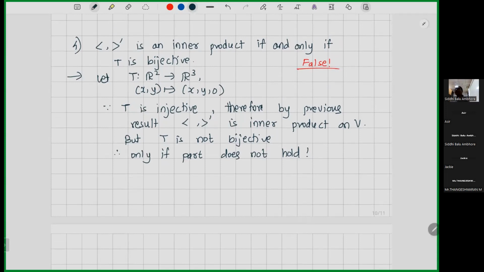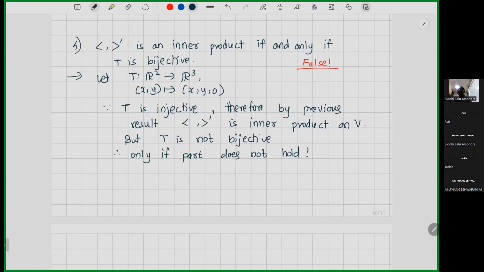But one thing I can tell you is that we need injectivity, right? So if we can take a map from an n-dimensional space to an m-dimensional space where n is strictly less than m, then since it is not bijective, we know that a linear map is bijective if and only if the dimension of V is equal to the dimension of W in the finite-dimensional case.